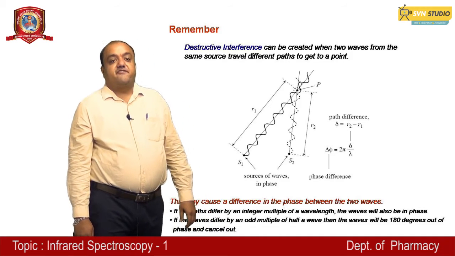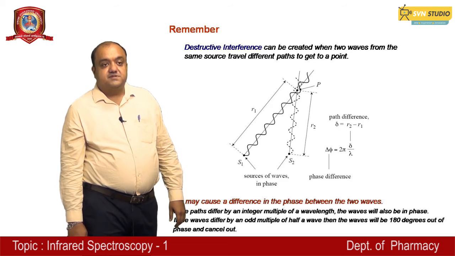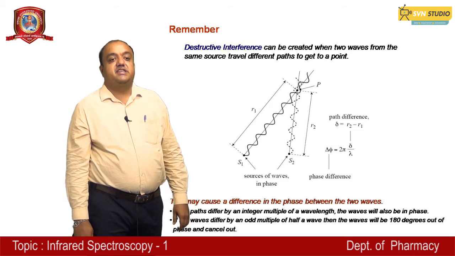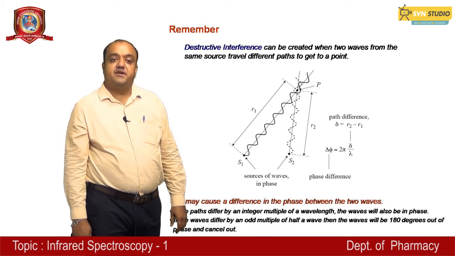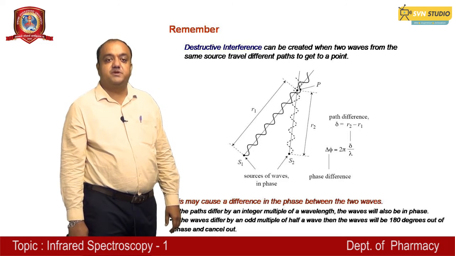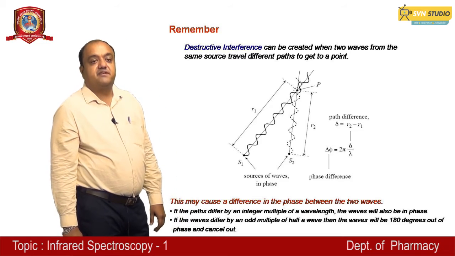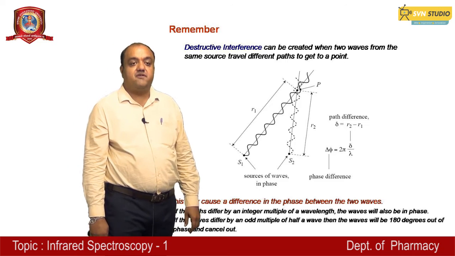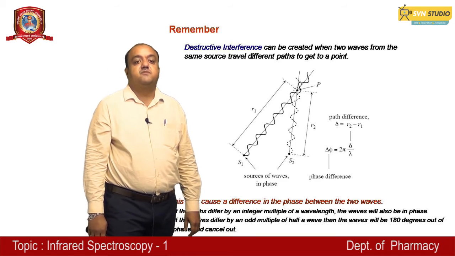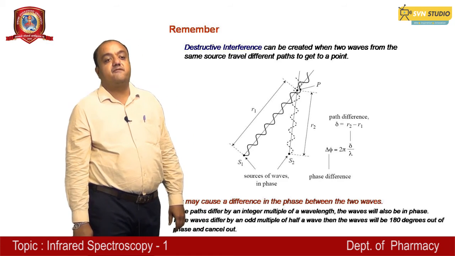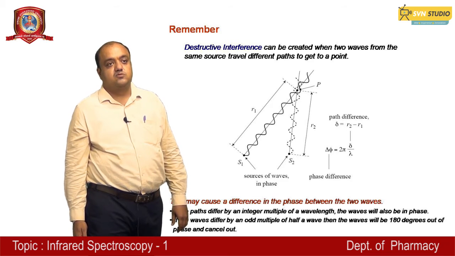This may cause a difference in phase between the two waves. If the paths differ by integral multiples of the wavelength, the waves will be in phase. If the paths differ by an odd multiple of half a wavelength, then the waves will be 180 degrees out of phase and cancel out.